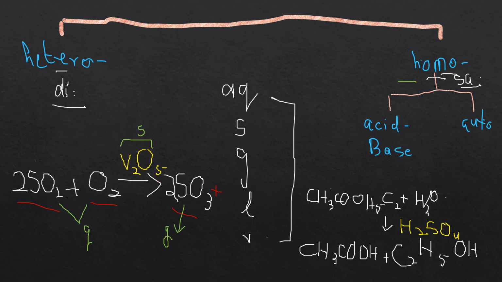Now if you have a look at the state of all these substances, CH3COOC2H5 is an aqueous solution. H2O is water, an aqueous solution. H2SO4 is an acid that is also an aqueous solution.